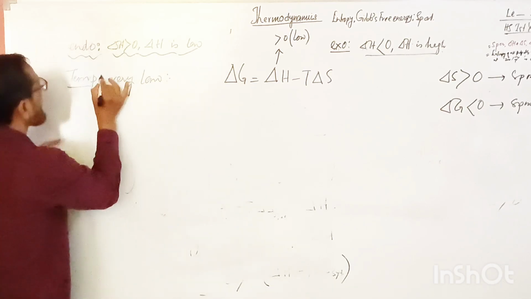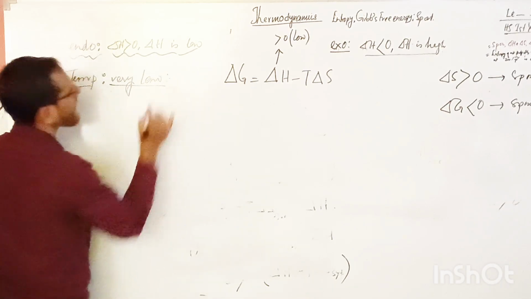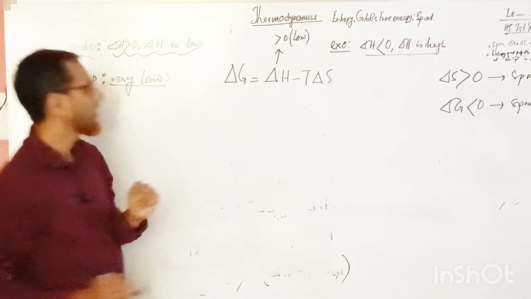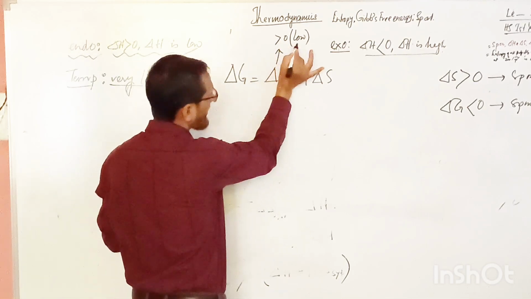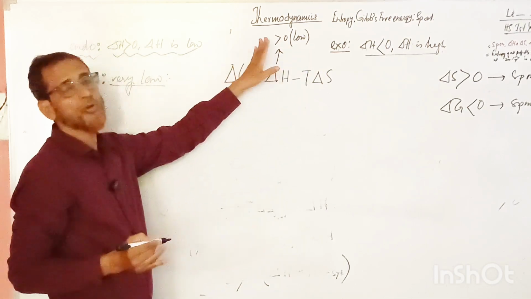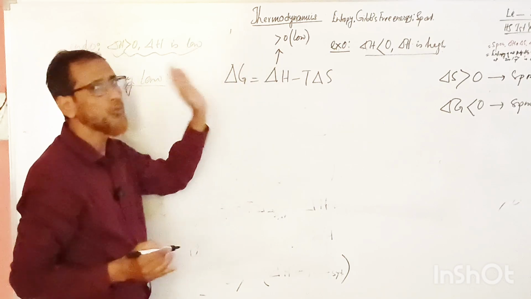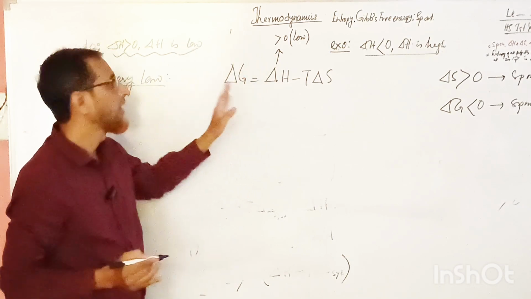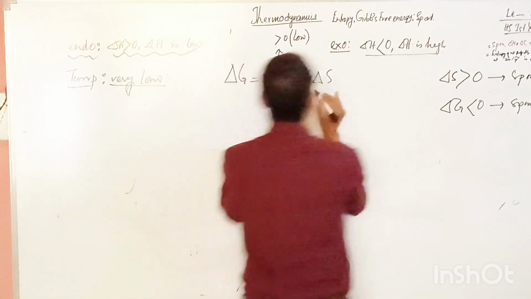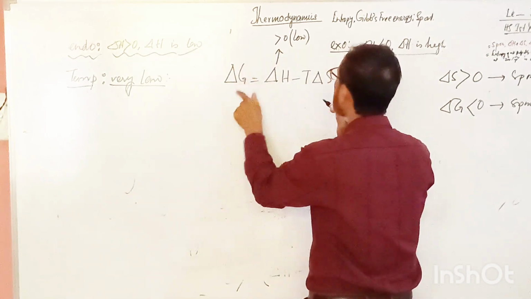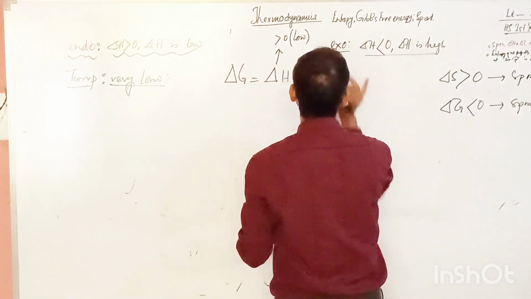If you assume a very low temperature, the ΔH value is greater than 0, positive no doubt, say 5, 6, 7, but a very low value, not high. Then the whole value of ΔG depends upon this.